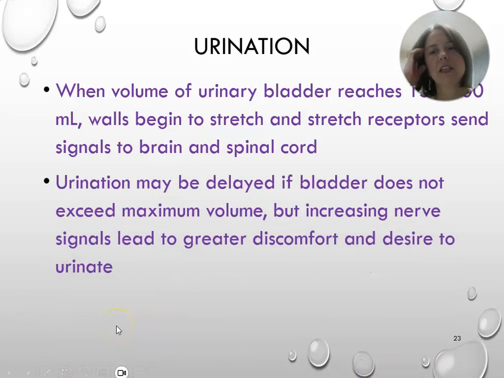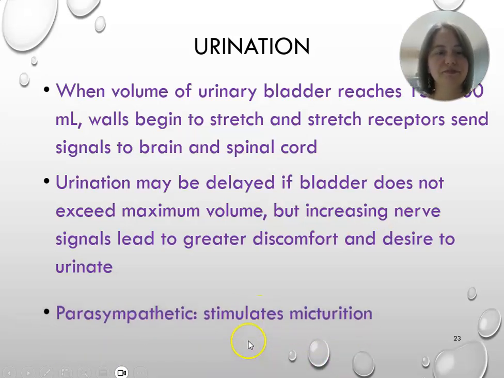You can keep delaying it, but it's going to lead to more and more discomfort and more desire to urinate, and eventually you will either just pee your pants, you'll urinate involuntarily, or in a really severe case, your bladder can exceed its maximum volume and burst, but you will pee your pants before your bladder bursts.